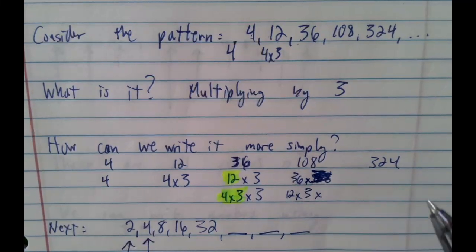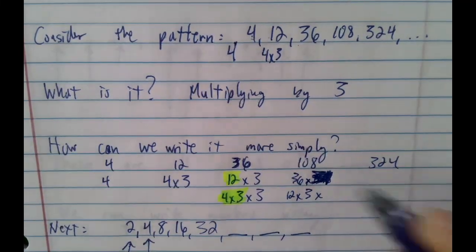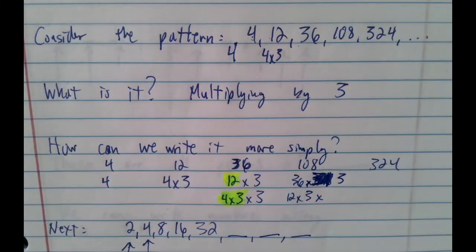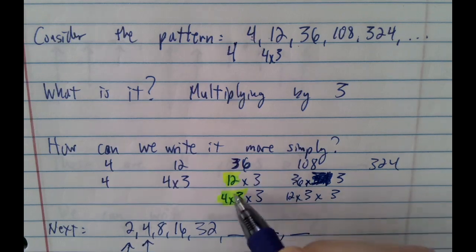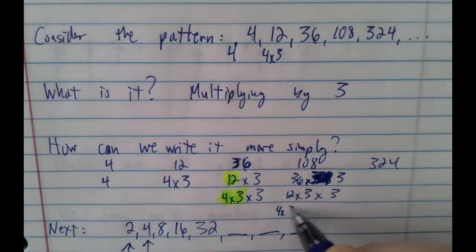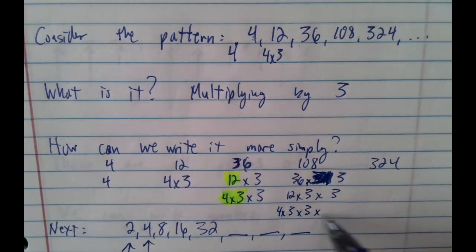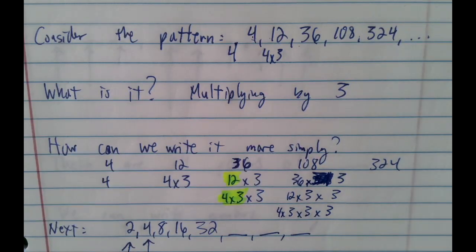Slow down a little bit here. I know it doesn't look like it, but there's a 3. That was really a 12 times 3 to get the 36, and then we had this 3. Well, where did this 12 come from? That was the 4 times 3. And then we had a times 3 here, and a times 3 here. Hopefully you're starting to get, throughout some of this messy writing I have, they were just multiplied by 3 over and over again. So what are we supposed to do with that?